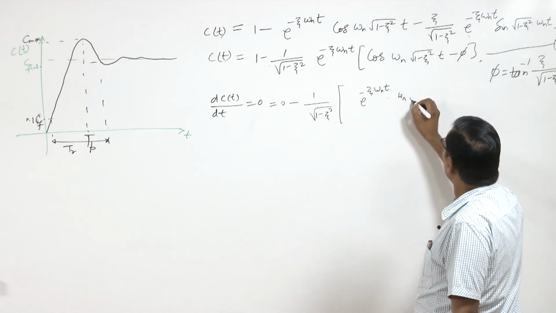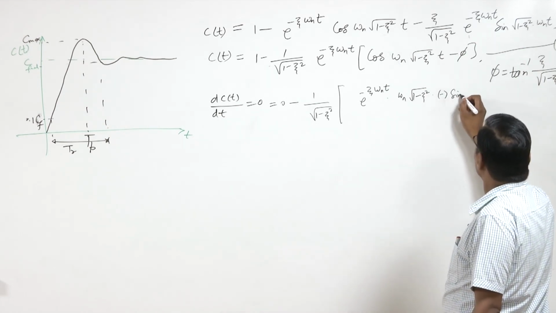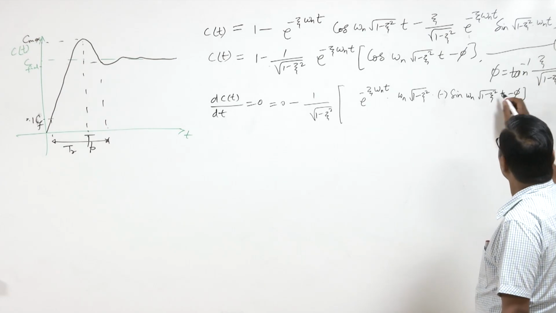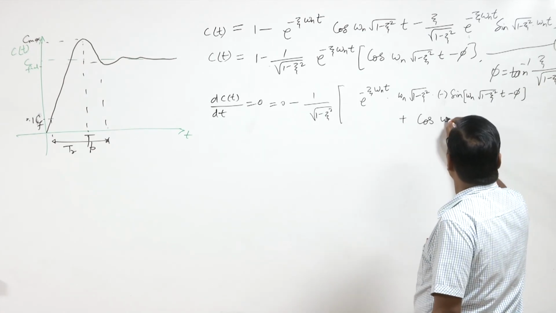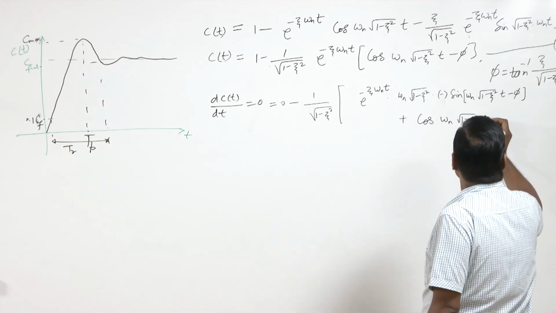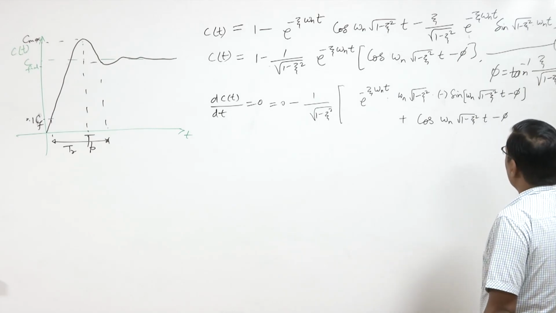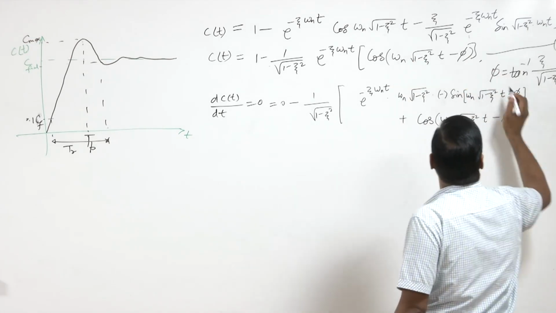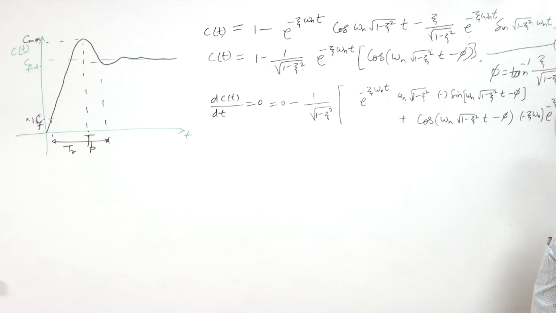So this is omega n root 1 minus zeta square into minus sine omega n root 1 minus zeta square t minus phi, plus cos omega n root 1 minus zeta square t minus phi, and this is minus zeta omega n into e power minus zeta omega n t.